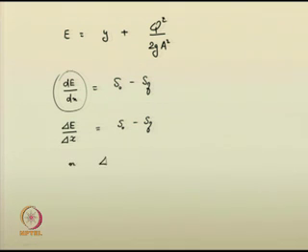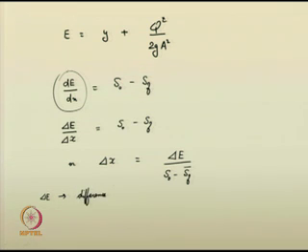Or del x, the change in distance, the distance between 2 points, can be given as the change in specific energy between those 2 points divided by S0 minus SF. Now, in this case SF you have to take as the average one. Difference in specific energy between two sections.